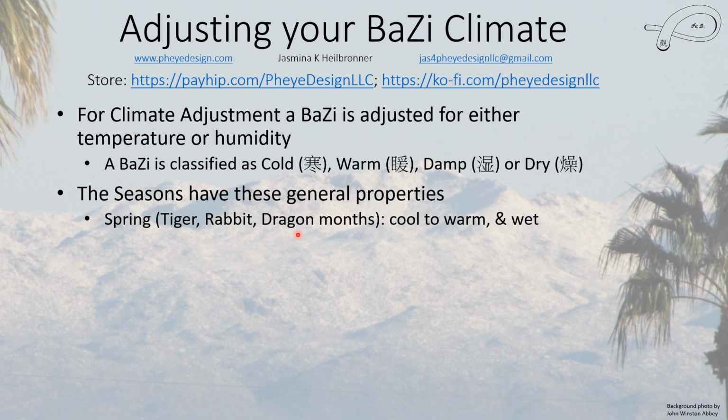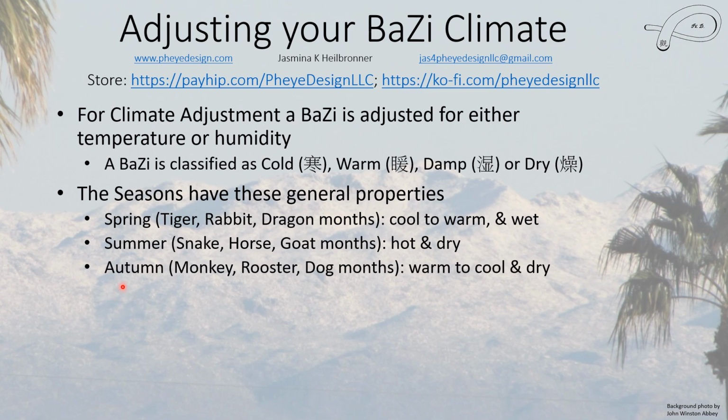It starts out as cool and goes to warm or hot, and it is wet. There's usually a fair amount of rain in the spring, not everywhere, but in the climate as a whole. The summer months are the snake, the horse, and the goat months, and it's usually hot and dry. That's its climate.